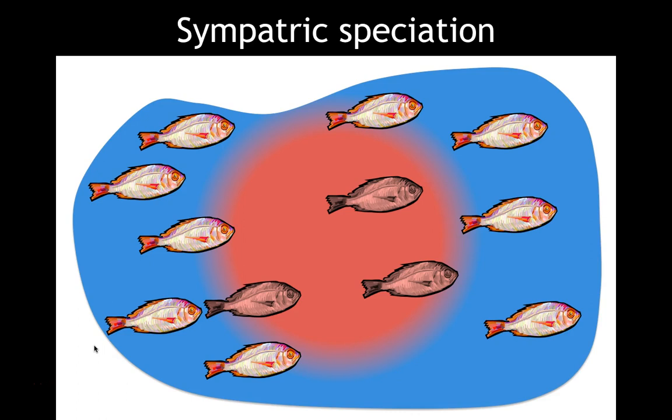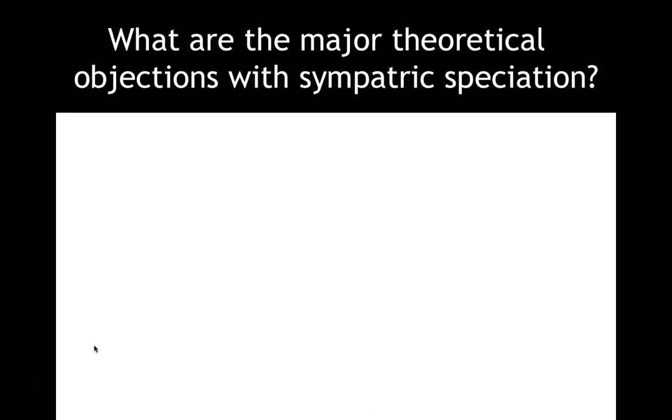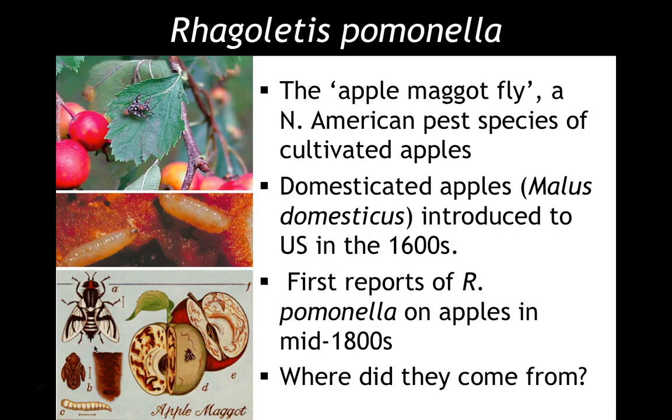But what about sympatric speciation? Well, we have a new species forming in the face of potential gene flow, and gene flow acting as a homogenizer. So the biggest theoretical objection to sympatric speciation is the fact that there is great potential for gene flow, and gene flow would tend to wash out or dilute any of the uniqueness that you would associate with being part of a new species.